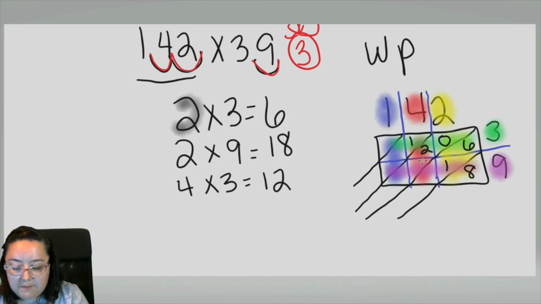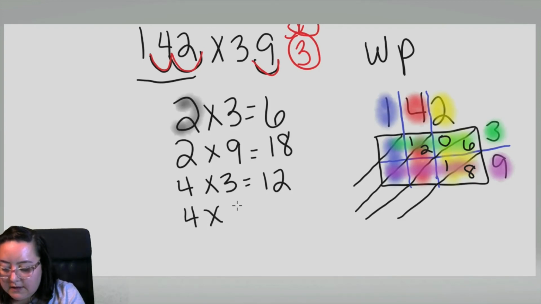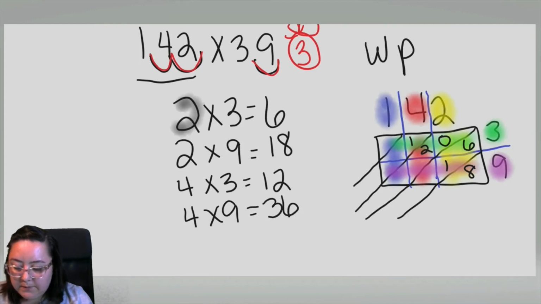My red number times my purple number, 4 times 9. 4 times 9 is 36. That's a 3 in the tens place, a 6 in the ones place.